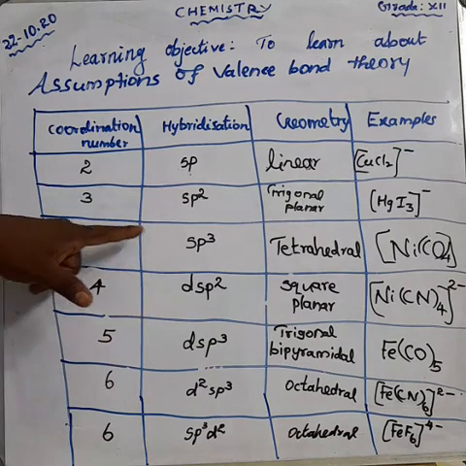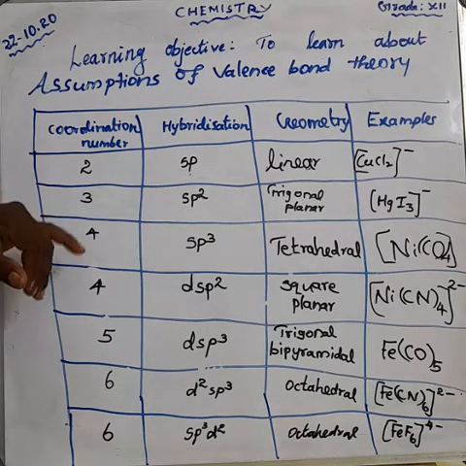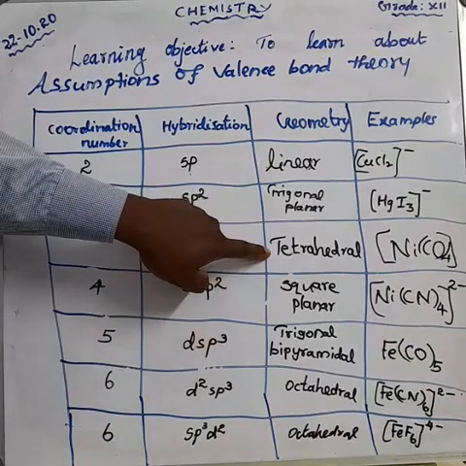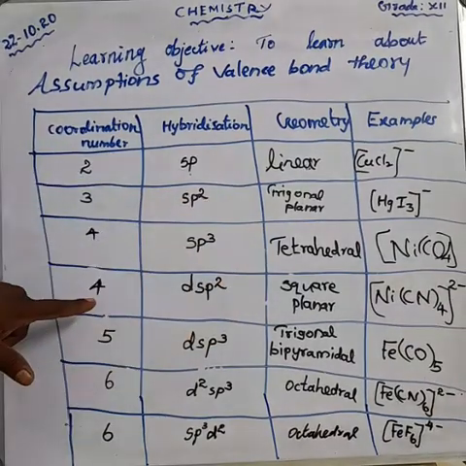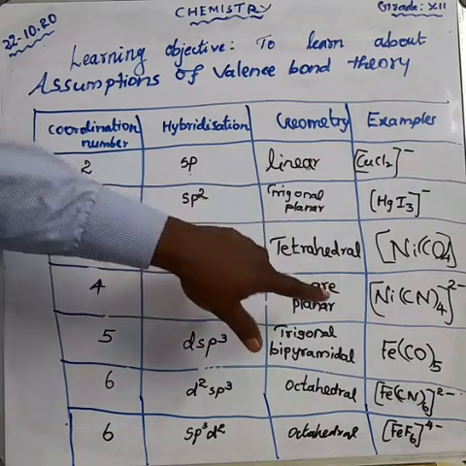Coordination number 4 with sp3 is tetrahedral, and coordination number 4 with dsp2 is square planar. Don't forget the example.